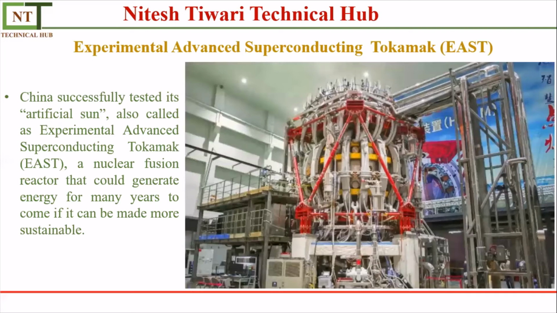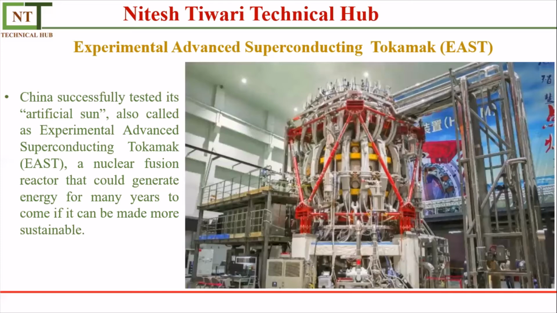The latest feat by Chinese scientists is a significant step, which is touted to unlock clean and limitless energy with minimal waste product. The breakthrough is significant progress, and the ultimate goal is keeping the temperature at a stable level for a long time.